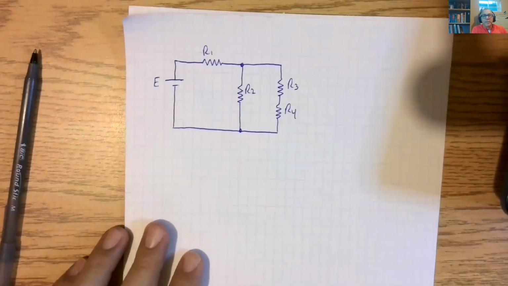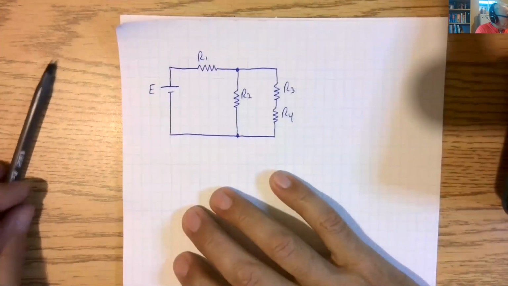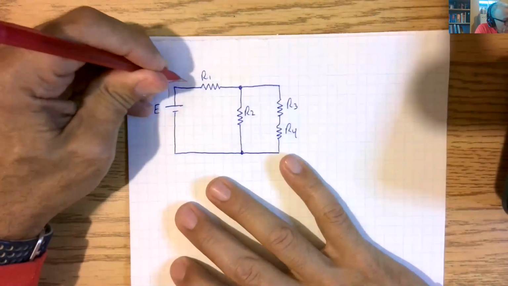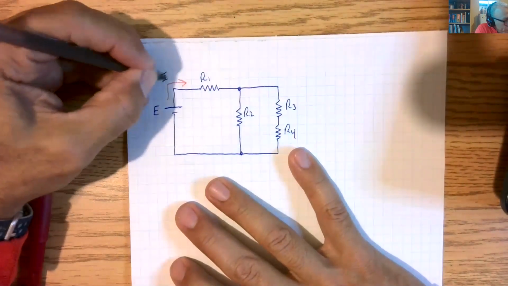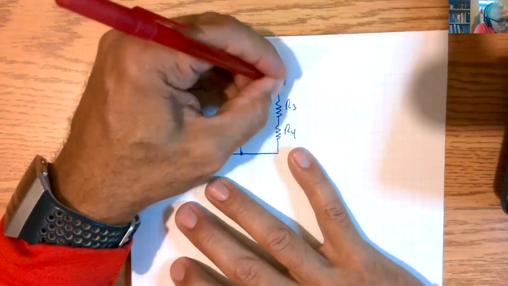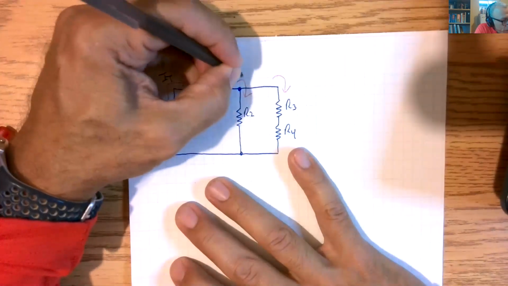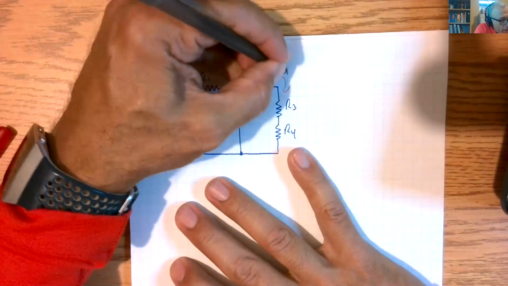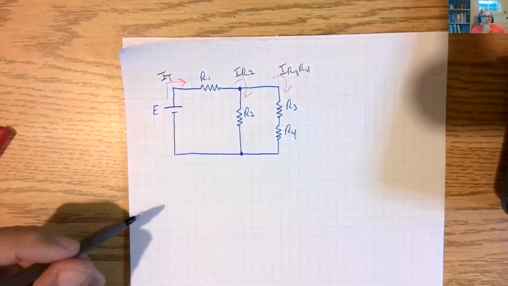Here we have this circuit. We have IT, we have these two branch currents, and we know this is IR2 and IR3, R4. So we added a fourth resistor in here.